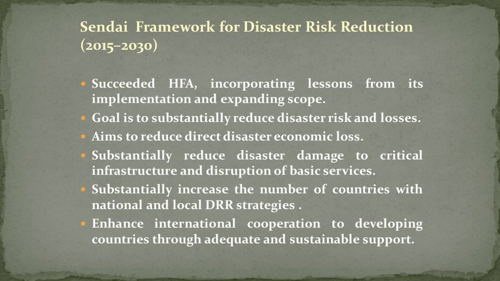Sustainably reduce the number of affected people globally by 2030, aiming to lower the average global figure per 100,000 in 2020-2030 compared to 2005-2015, and reduce the risk of economic loss in relation to global gross domestic product, that is GDP, by 2030. It aims to sustainably reduce disaster damage to critical infrastructure and disruption of basic services, including health, educational facilities by 2030.